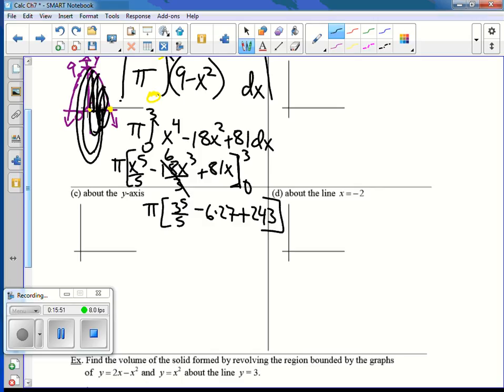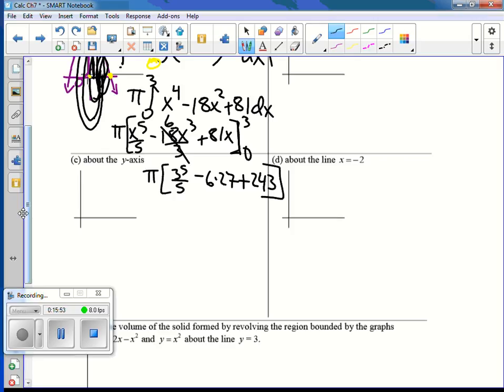And so then we combine all of this, and we should get pi times 648 over 5. And that's the volume of this object when you rotate it.